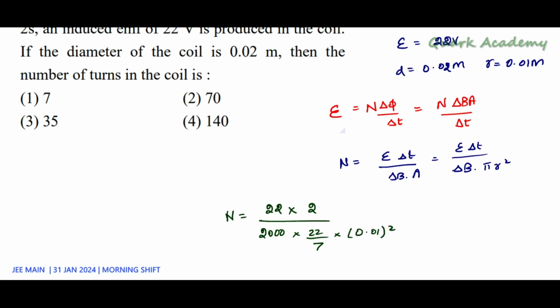Okay, so 22 will get cancelled, here 2 will get cancelled, and we are left with 7 by 0.1, which is equal to 70. So the number of turns in this case is 70.